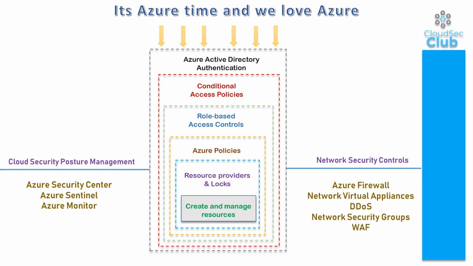The next layer of security is Azure policies, and that's where cloud security controls start getting a little different from on-prem. Azure policies is a very important governance control, and this is often overlooked because when we are trying to simulate the same controls from on-prem to the cloud, these may get missed.